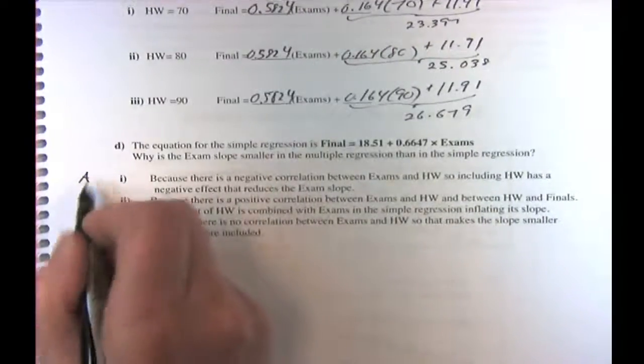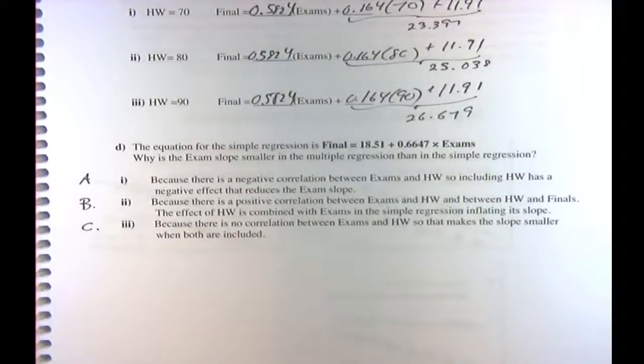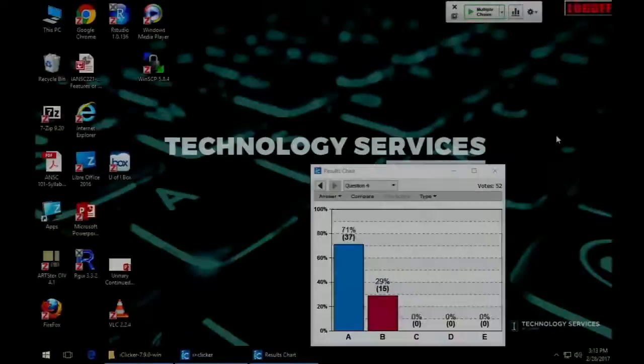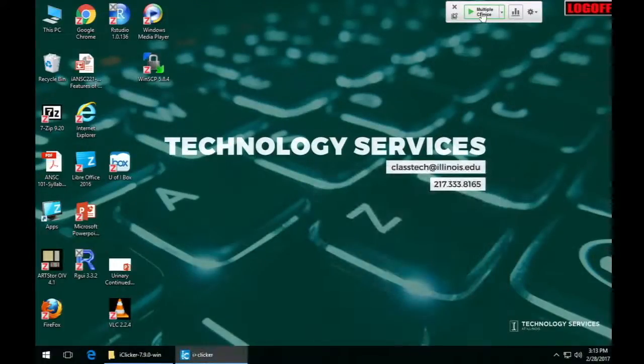This is A, this is B, and this is C. I'm wondering if you can get this. This is a good exam question.